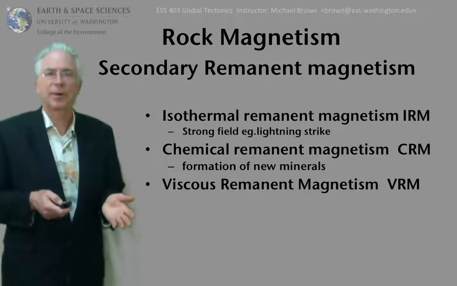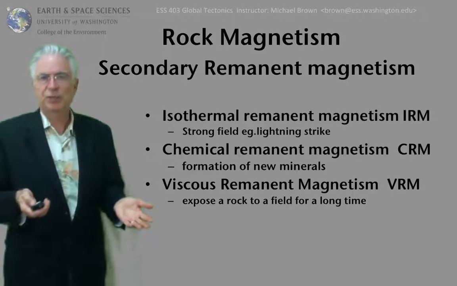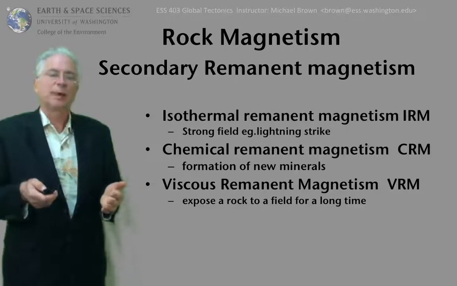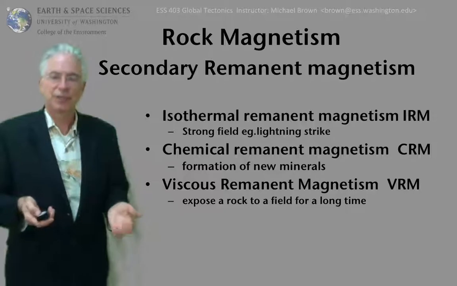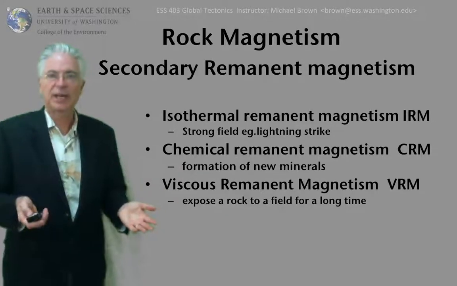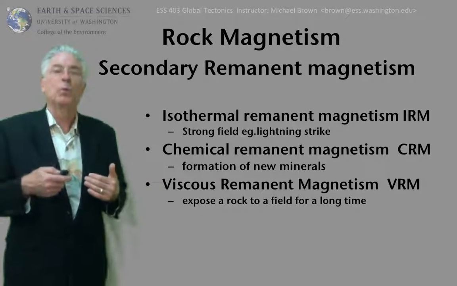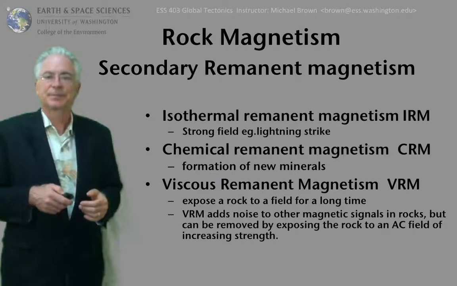Then there's viscous remnant magnetization, which occurs by just simply long exposure to a magnetic field. So unlike isothermal remnants, where you apply a very strong field for a short period of time to change the magnetization, a weaker field applied for a very long period of time can change the magnetization of the more weakly magnetized minerals within a rock.